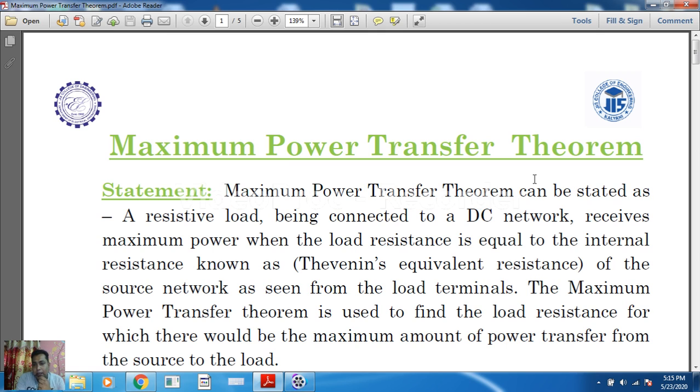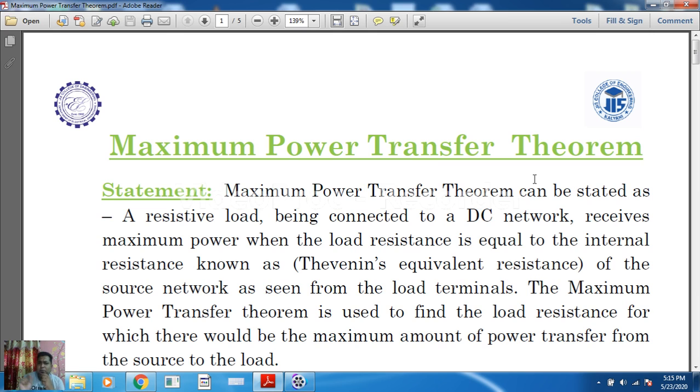As I am telling that it is an application of Thevenin's theorem, to do the maximum power transfer theorem we first have to understand what Thevenin's theorem is. Before starting, I want to tell you what Thevenin's theorem was. Already we have done that.